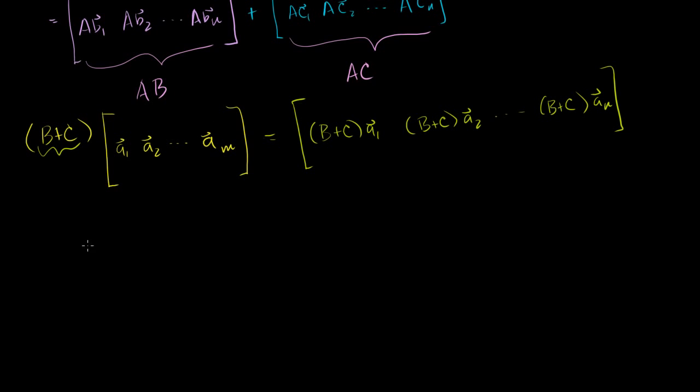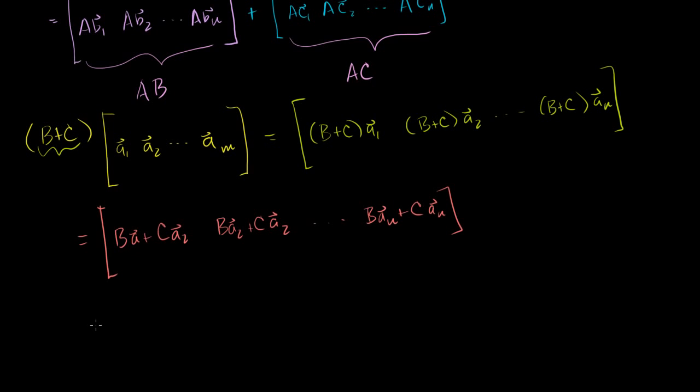And if I haven't proven it yet, it's actually a very straightforward proof to do. So we could say that this is equal to B A1 plus C A1. That's the first column. The second column is B times A2 plus C times A2, all the way to B times AN plus C times AN. And then what is this equal to?